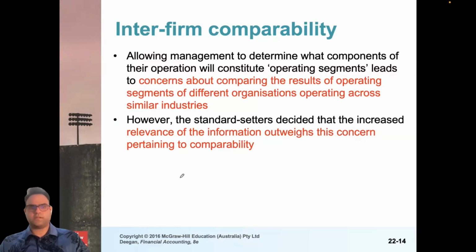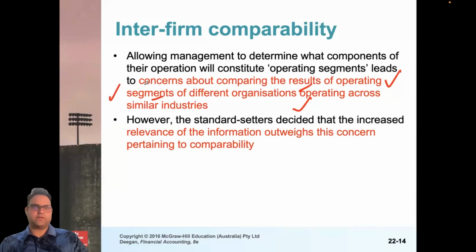So the standard setter decided that relevance is important because you can club their information together, even when they are different organizations doing the same business, so you can compare the results for the operating segment.